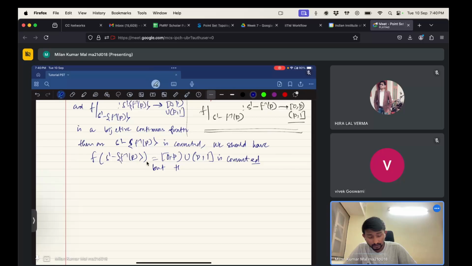But that is a contradiction, because this is not connected, right?